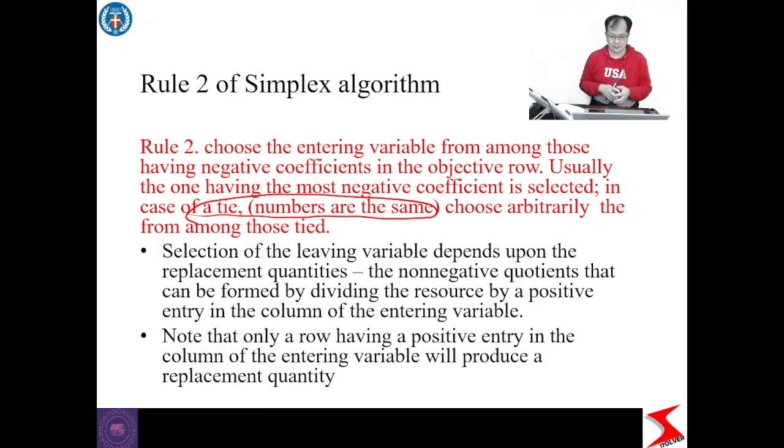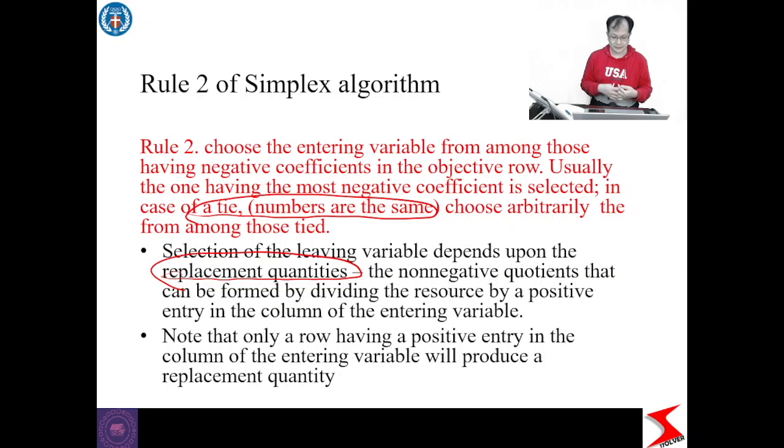Selection of the leaving variable depends upon the replacement quantities. For the entering variable, we just look at the most negative value, but for the leaving variable, we need to calculate the replacement quantities. These are the non-negative quotients that can be formed by dividing the resource by a positive entry in the column of the entering variable. We don't consider the negative values, we only consider the positive values.